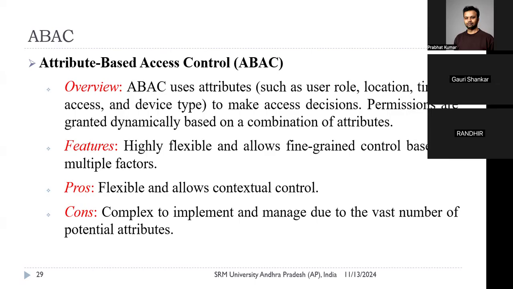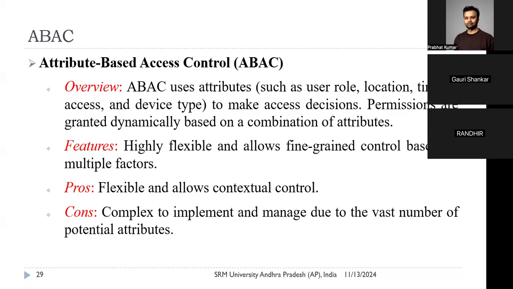Suppose a user has some role: at what location he is accessing that resource, at what time he is accessing it, which device type he is using, which network he is using, which IP address he is using. All these attributes can be combined in attribute-based access control.